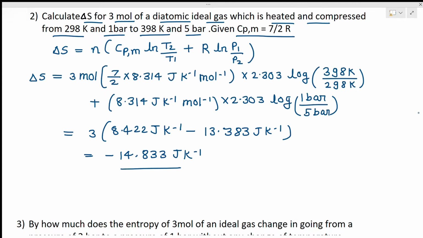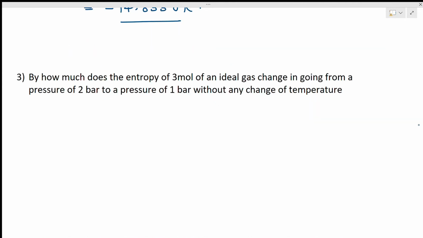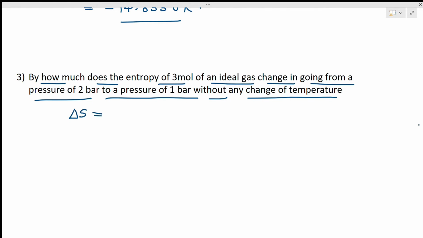Let's see the next question. By how much does the entropy of 3 moles of an ideal gas change in going from a pressure of 2 bar to a pressure of 1 bar without any change of temperature? What formula do we use? There is no change of temperature, so del S is equal to nR natural log of P1 upon P2.